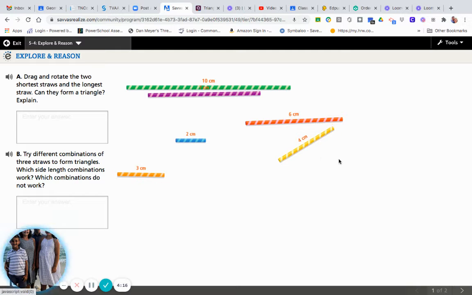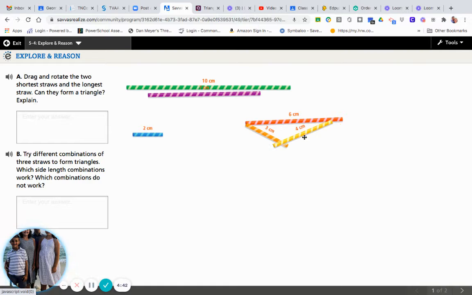Well, it can't, for the same reason that 7, 3, and 10 won't work. Because if I combine 4 and 2, that gives me 6, and I can't get a triangle out of that. Well, would 4, 3, and 6 work? Yeah, I think you can see where I could manipulate this, and I could get a triangle out of that.